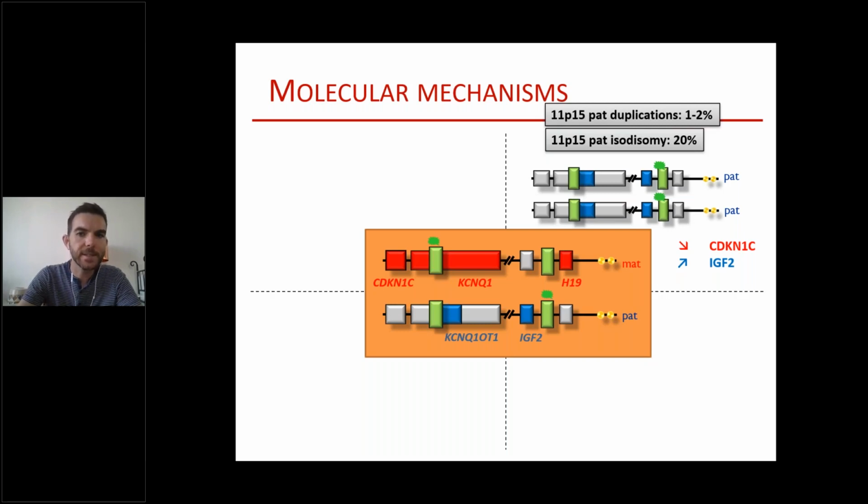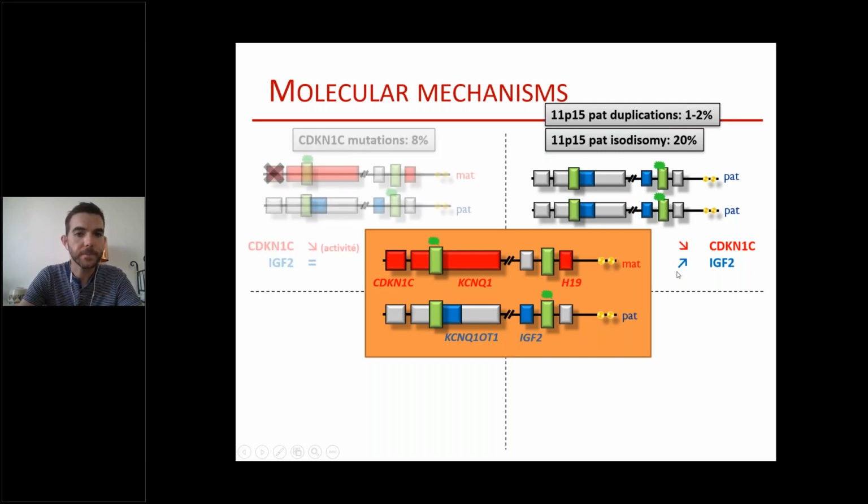So in this case, this will lead to a gain of expression of IGF-2 and a loss of expression of CDKN1C. And the combination of those two anomalies will lead to overgrowth.